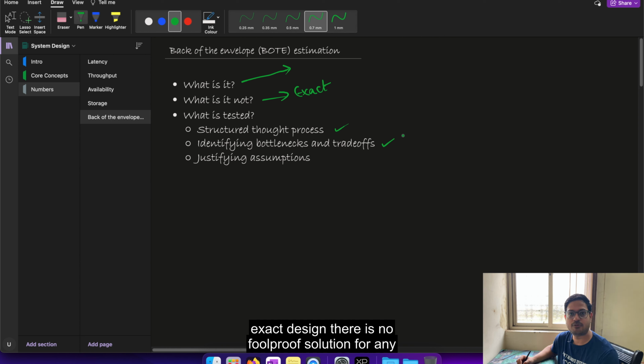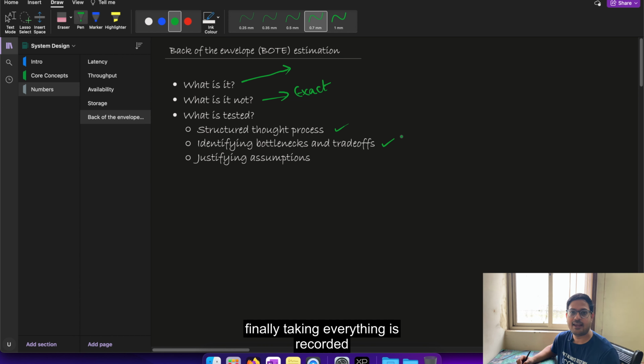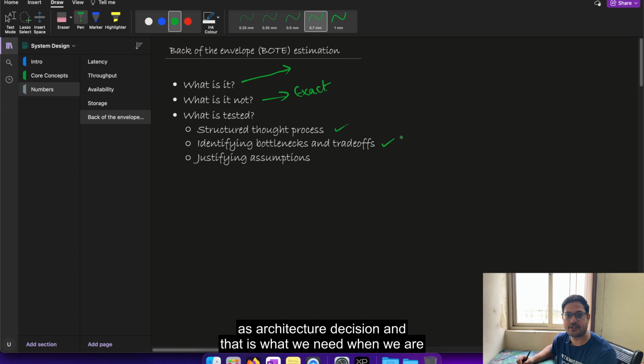There is no foolproof solution for any particular system design question, but we are looking for identifying bottlenecks and trade-offs. How are we able to see the options that we have for making a decision? What are the pros and cons, and how do we make a decision? What was the judgment finally taken? Everything is recorded as architecture decision, and that is what we need when we are discussing bottlenecks and trade-offs, right?